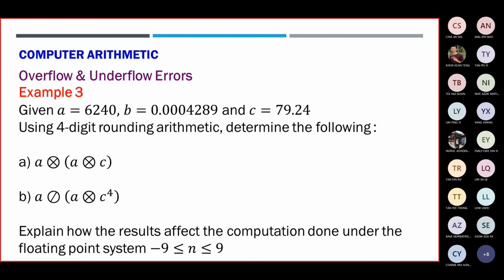Okay, now look at this example. We're going to calculate the overflow and underflow error.